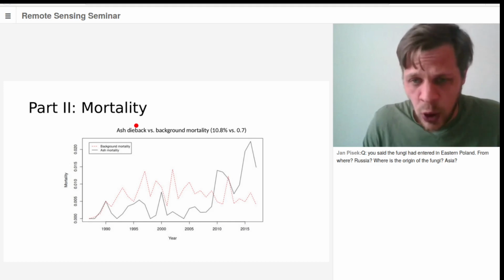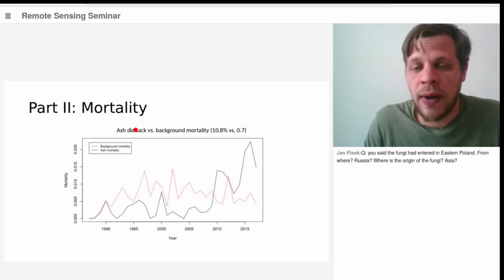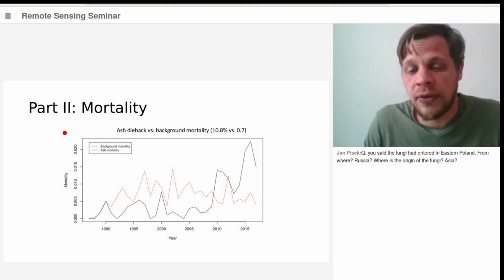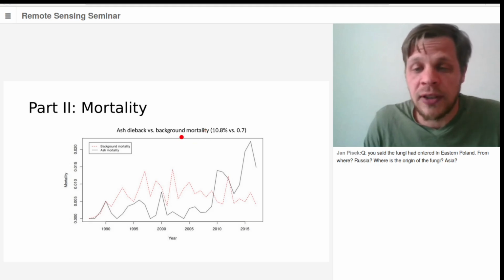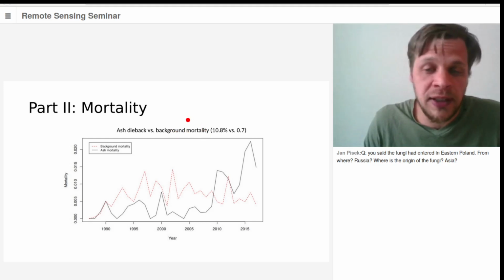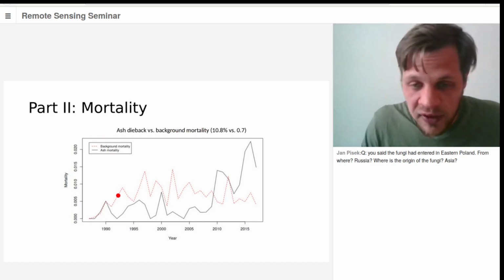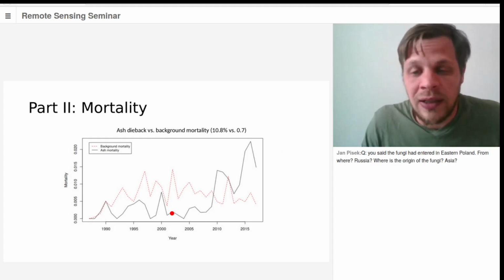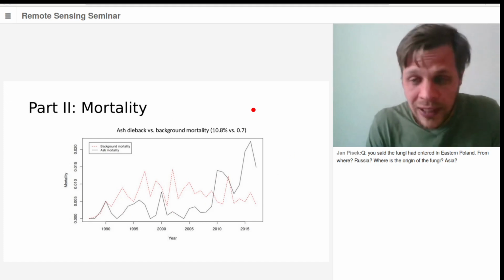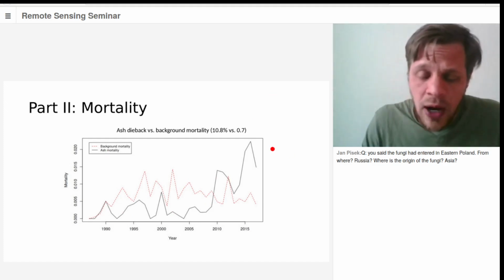But what you can compare easily from the data is the mortality of ash trees to the background mortality. You calculate background mortality for all the remaining trees in the same plots, and then you can make a very simple line plot as here, and see whether they are correlated or not.